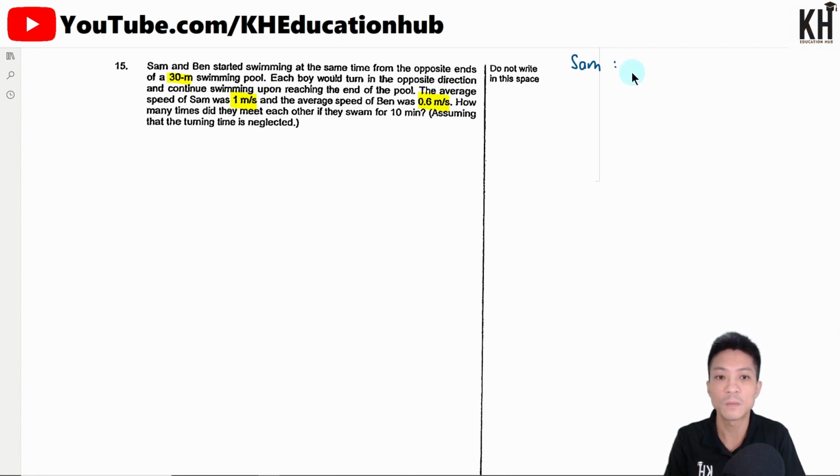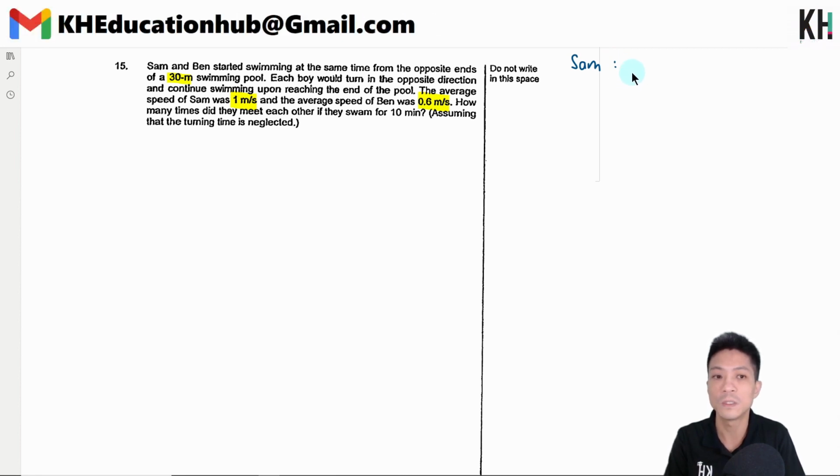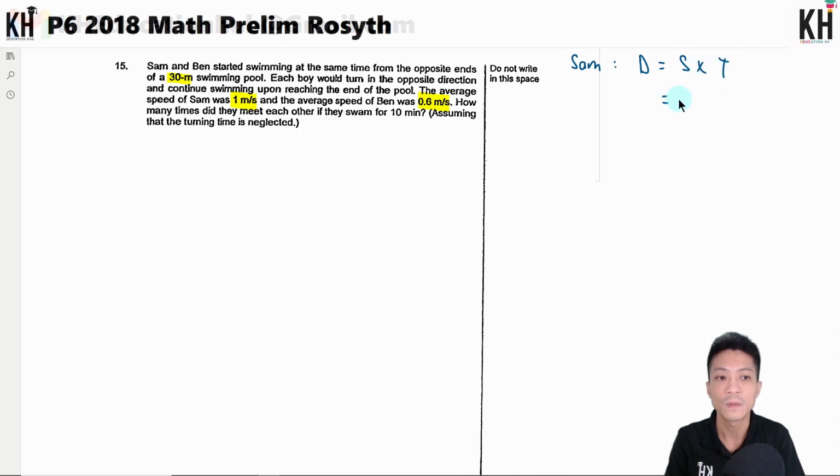the first thing I'm going to find is the total distance which they swam. Distance is equals to speed times time, right? So I'm going to use 1 times, okay, I missed out the 10 minutes over here.